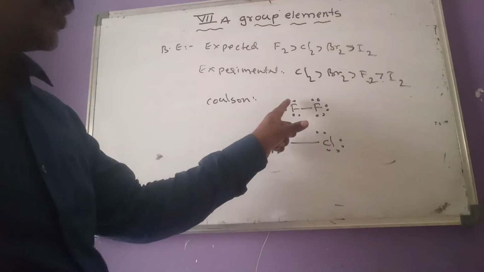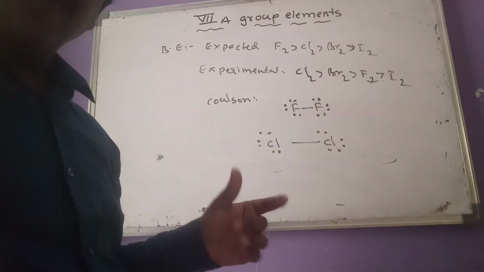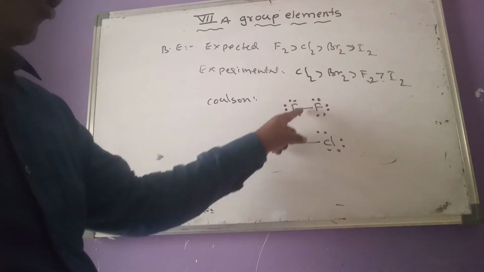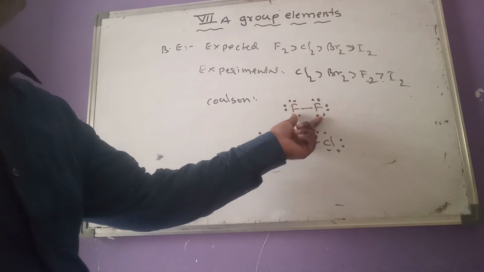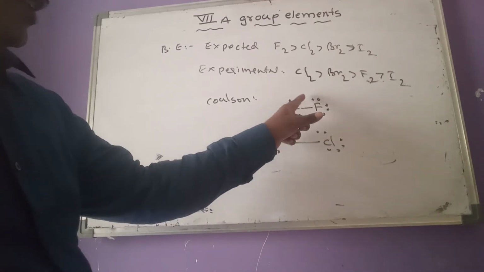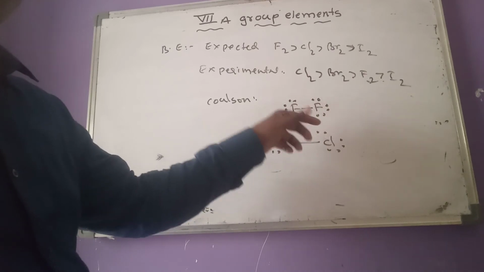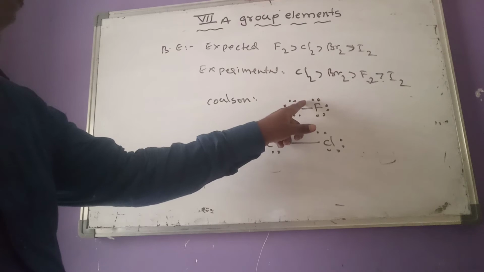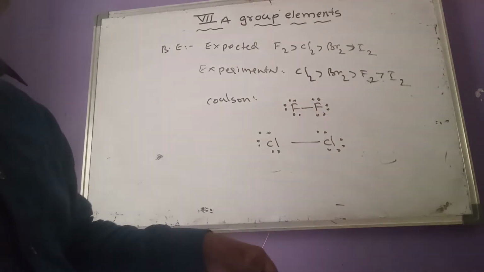And we know that lone pairs have repulsion. So due to the very close approach of these lone pairs, the repulsion is to a greater extent. For that reason, this bond will be broken easily.